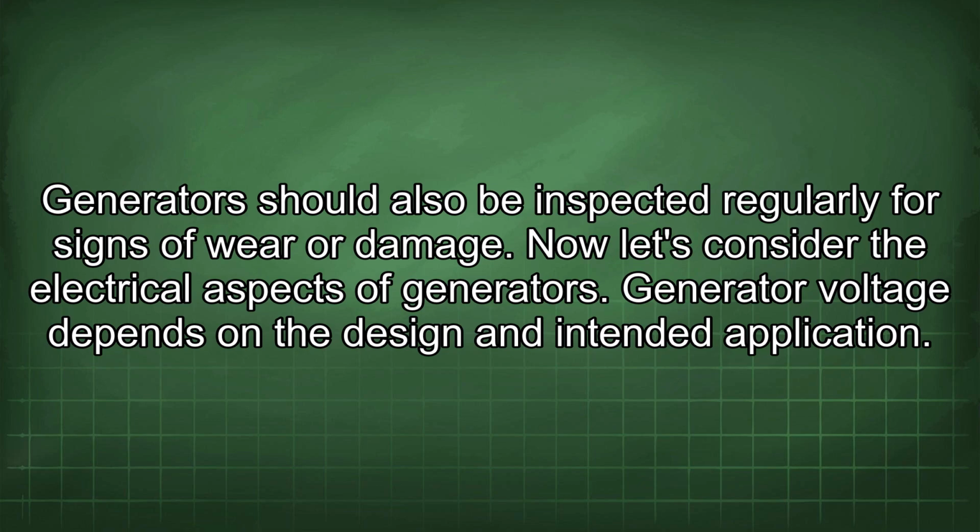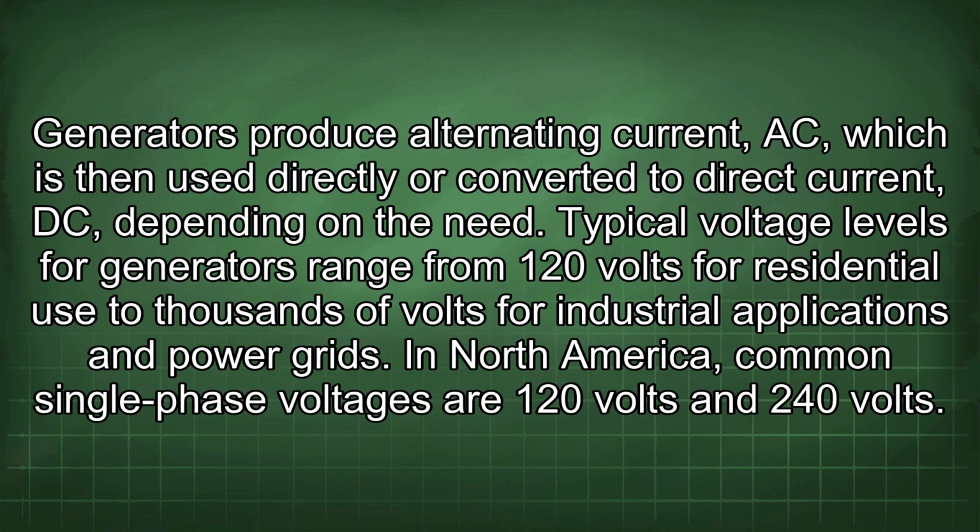Generator voltage depends on the design and intended application. Generators produce alternating current, AC, which is then used directly or converted to direct current, DC, depending on the need. Typical voltage levels for generators range from 120 volts for residential use to thousands of volts for industrial applications and power grids.